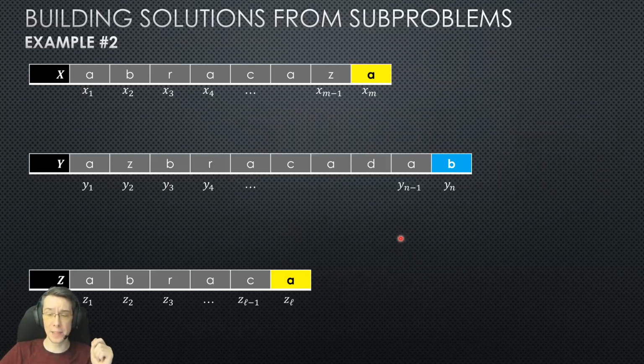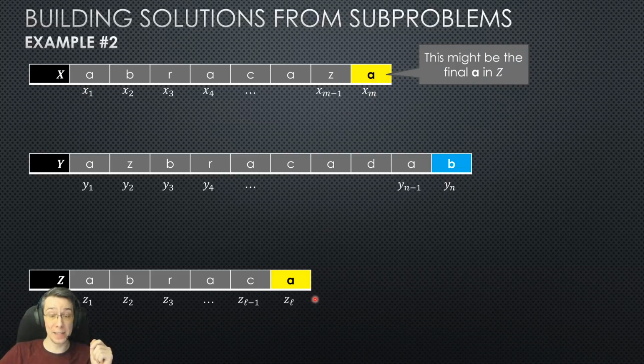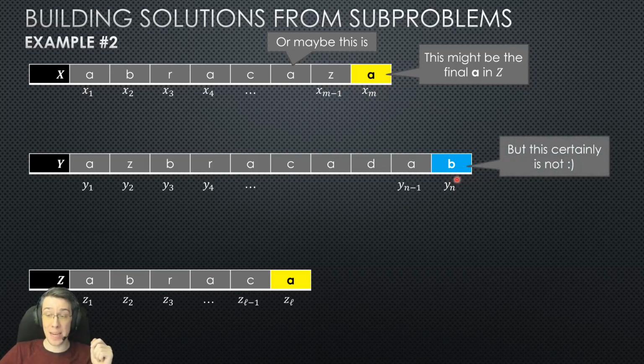Here's a second case where the last letter of x does match the last letter of z, but the last letter of y does not. So this might be the final a in z, or maybe this is. At any rate, we don't want to chop off this a and recurse on a smaller prefix of x because we might need this a. But this b at the end of y is certainly not the last letter in z in this case.